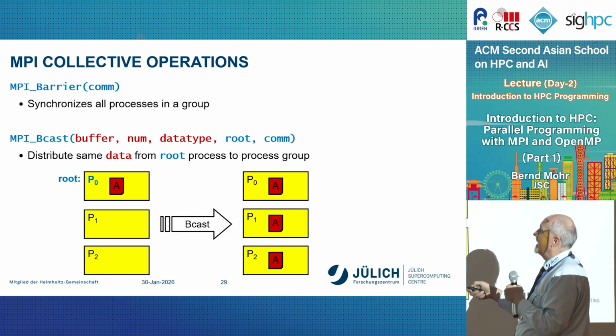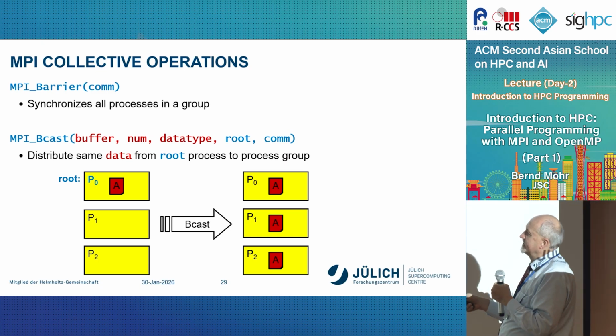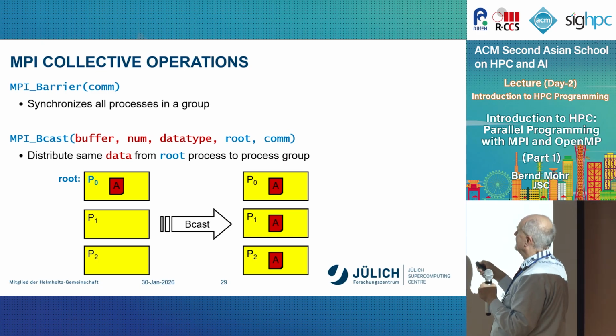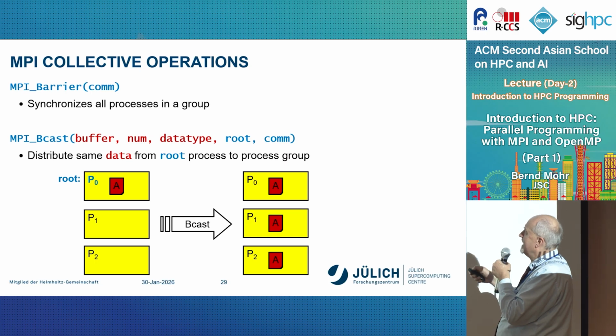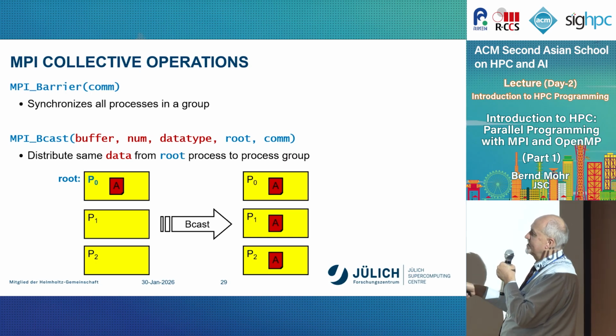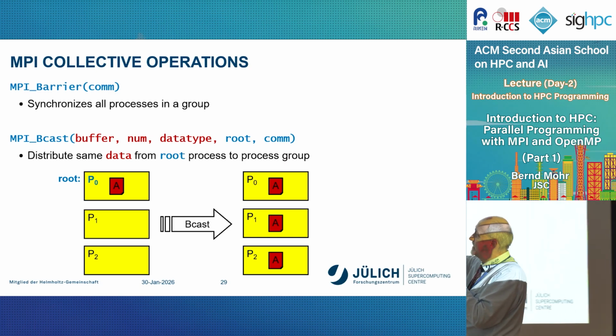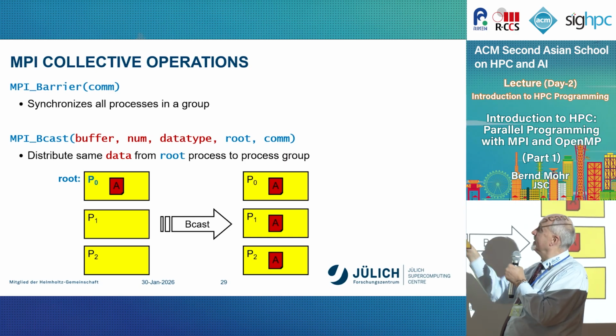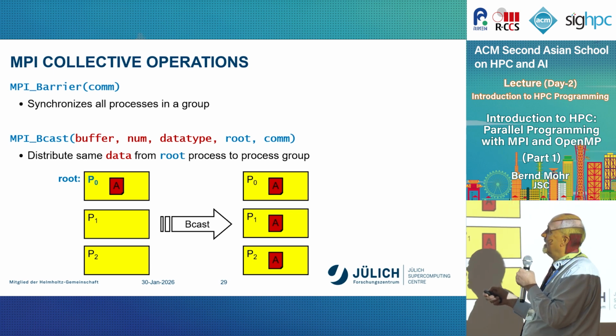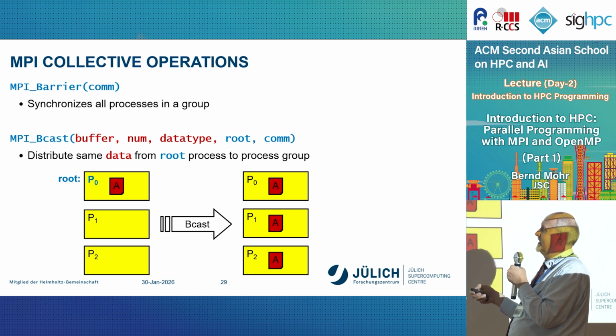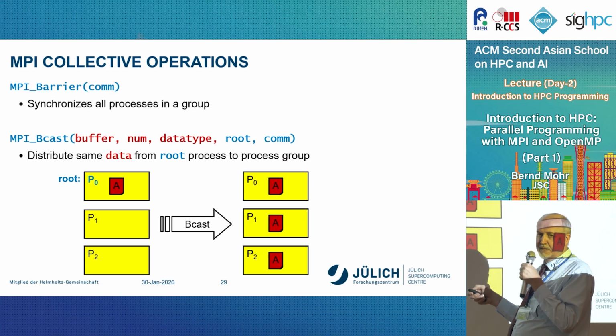In this case, we would put in MPI world here. Here we would put number 0 because the root is the first process. Then we have to specify what to send, and where the data is located in memory.